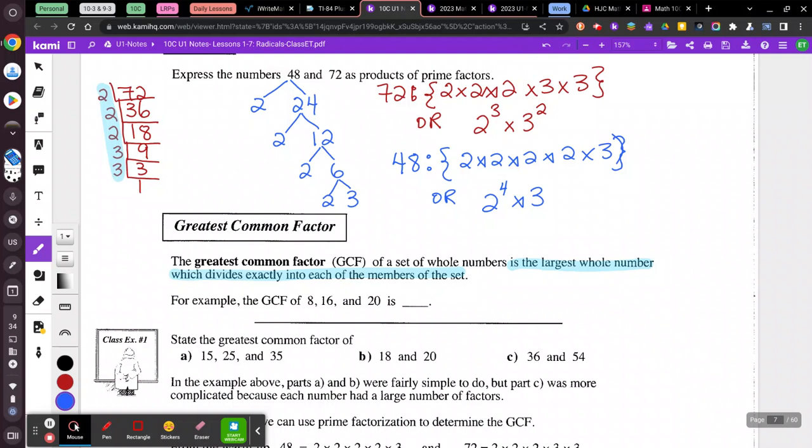Well, the first way to figure that out is to do a factor chart. If I were to do a factor T chart of each number, I would have 8, 16, and 20. When we start our factor T charts, we always start with 1 times the digit.